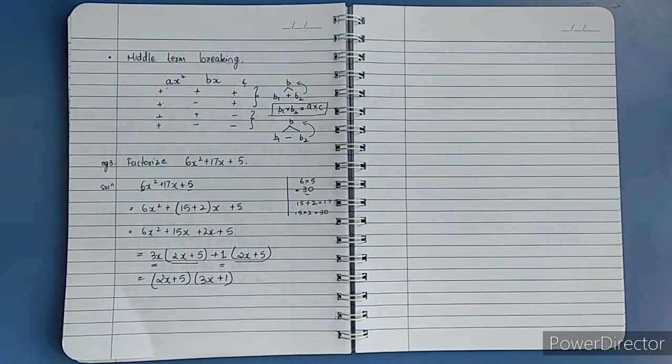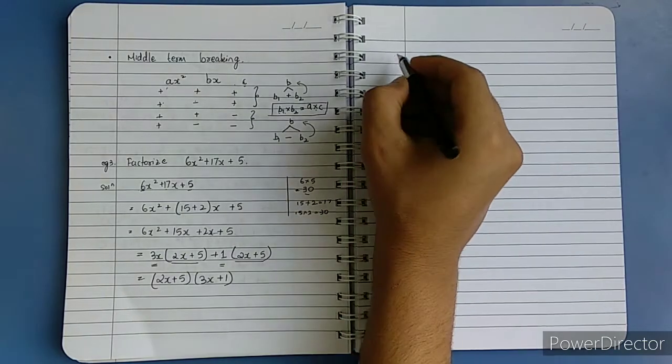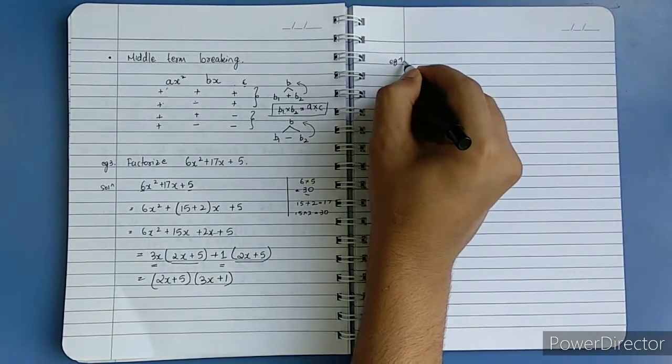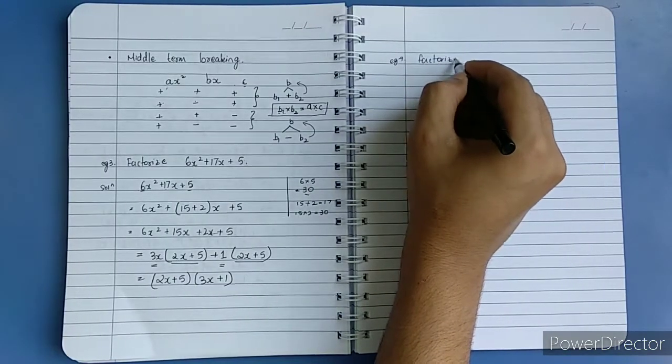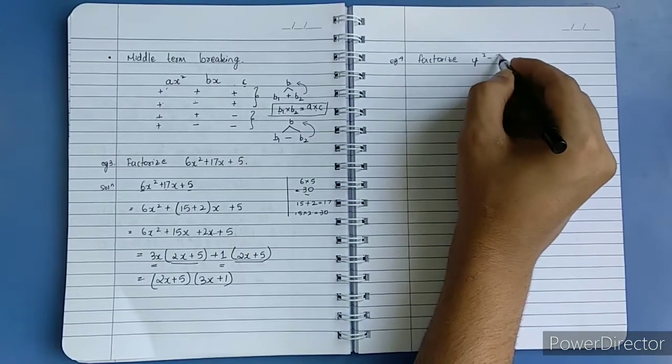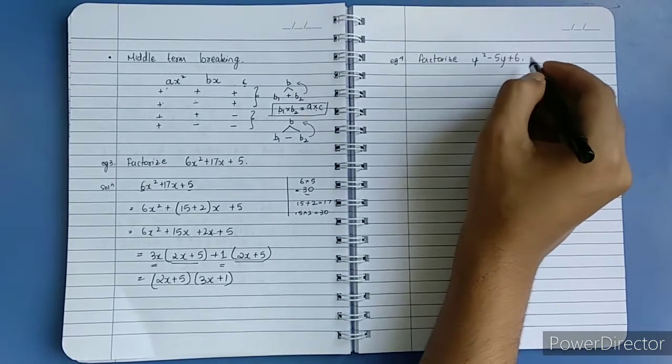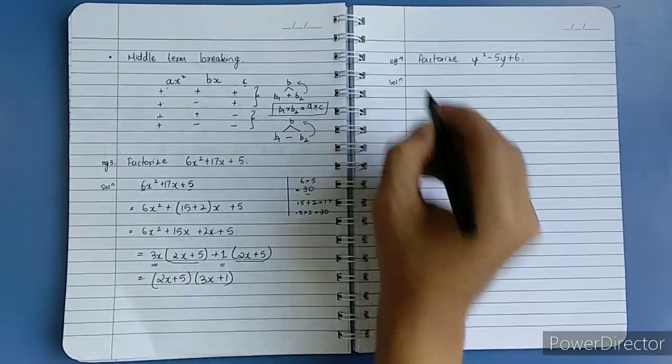Let's take another example. Factorize y square minus 5y plus 6. So solution.